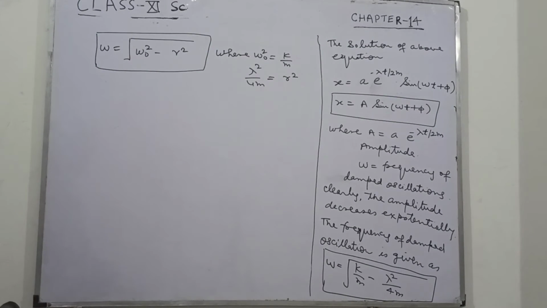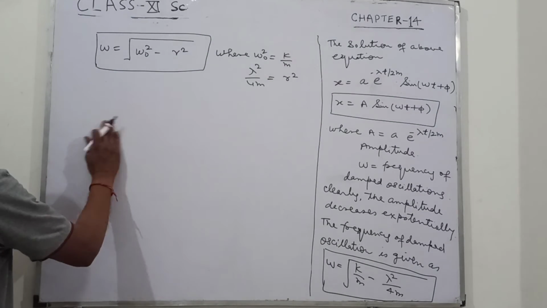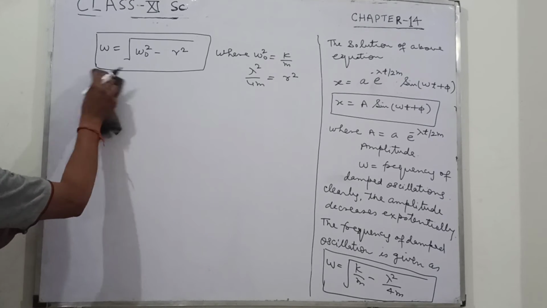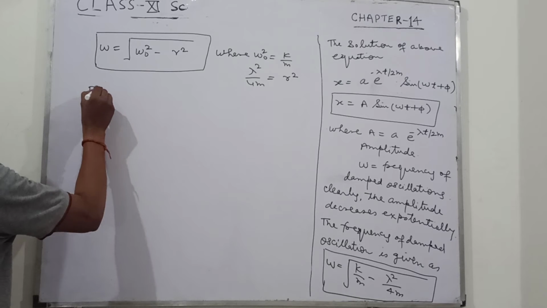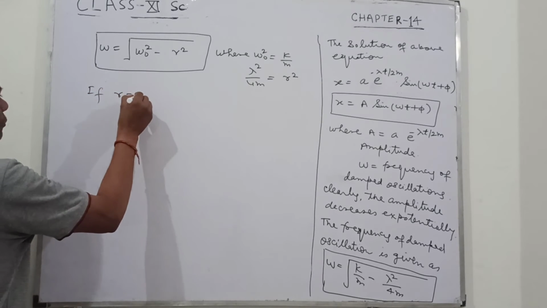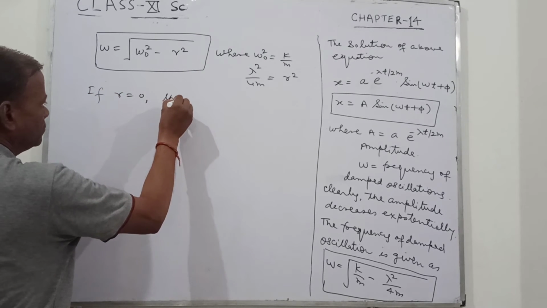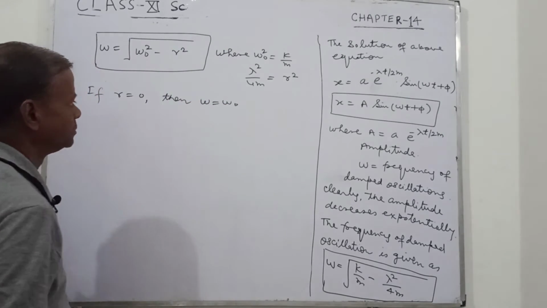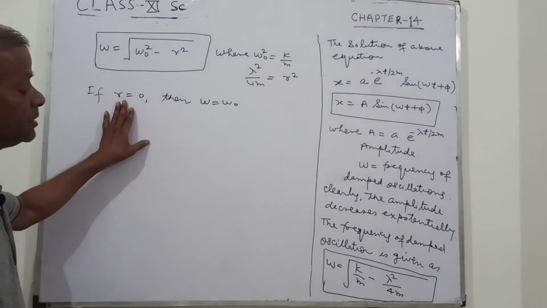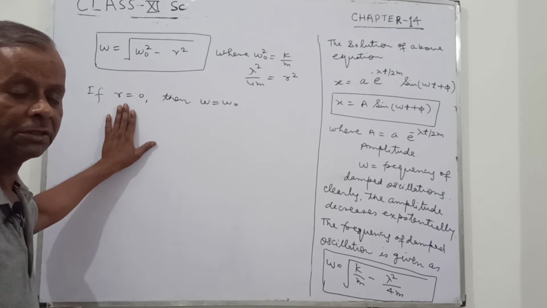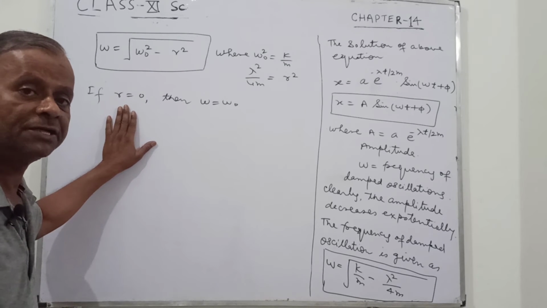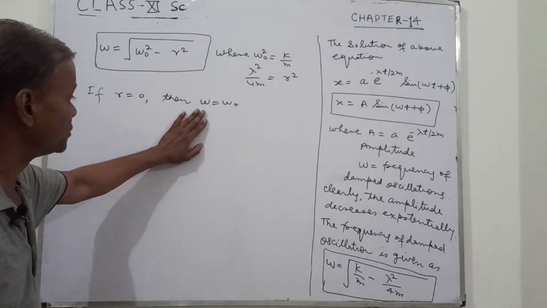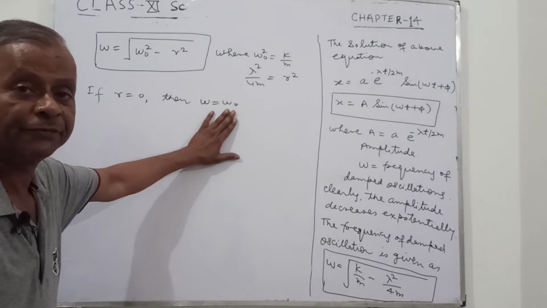And you can see from here, if r equal to 0, then omega equal to omega naught. It means what? That if the damping is 0, it means the oscillator is vibrating, is oscillating freely, then its frequency will be equal to its natural frequency.